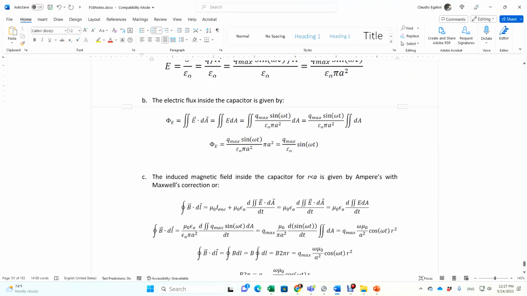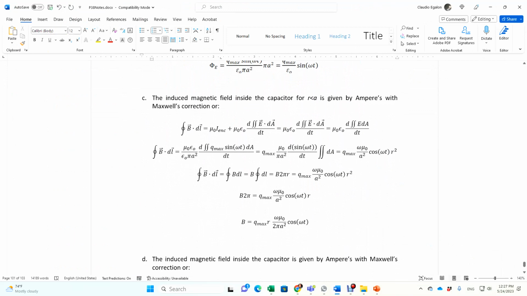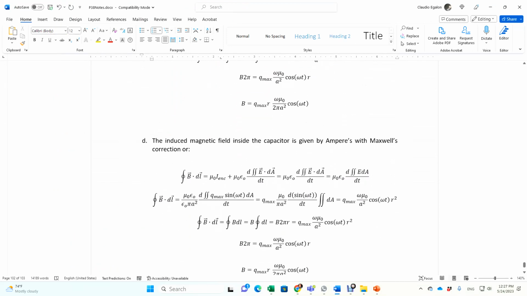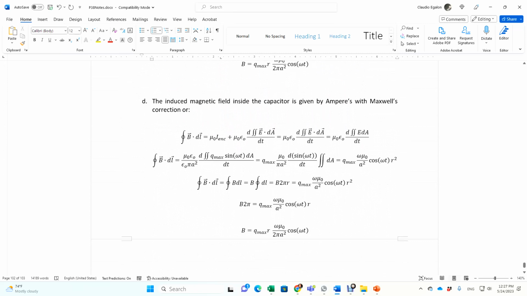So we have the same thing as before: B dot dl, mu naught I enclosed is going to be 0. We have this integral just like before. The only difference now is going to be this integral here, because we have to integrate throughout the entire area of the capacitor.